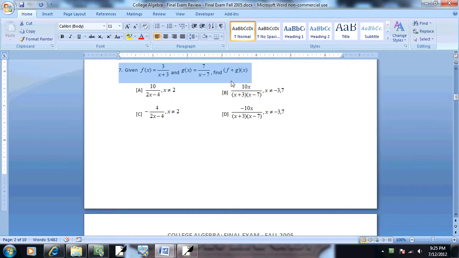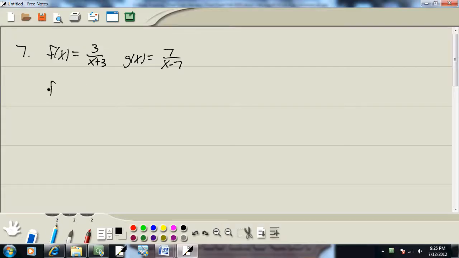And they want us to find f plus g. Well, to add these two together, we just add together the individual functions. So we've got 3 over x plus 3 plus 7 over x minus 7.